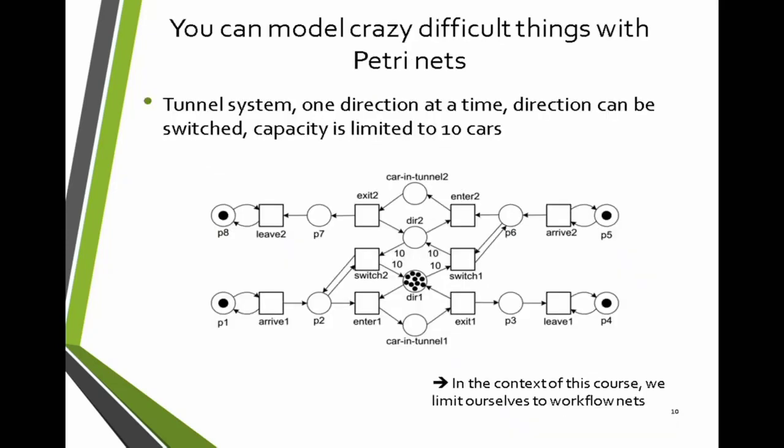Petri nets can be used for all kinds of dynamic systems. Here I show a dynamic system of a tunnel system, in which a maximum amount of cars can enter the system and can enter the tunnel and so on. So you can model very complex dynamic systems with Petri nets. In process modeling, we use a restricted class of Petri nets.